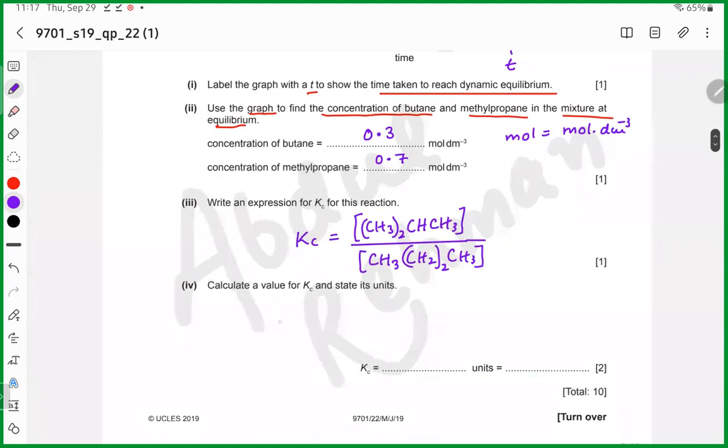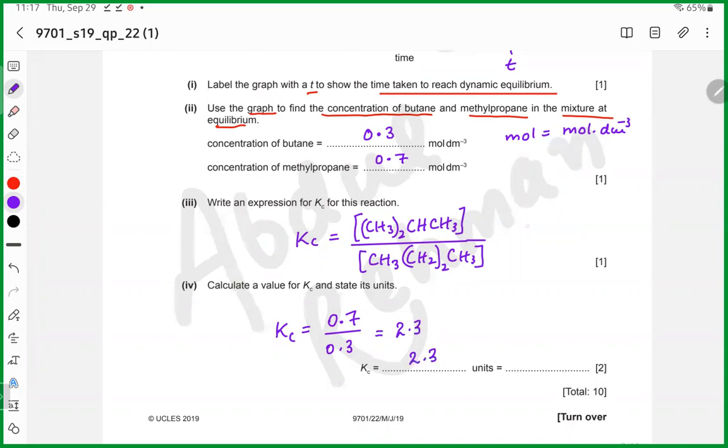Calculate the value of Kc. We know the concentration of both the reactant and product at equilibrium. The product concentration is 0.7 and the concentration of the reactant at equilibrium is 0.3. So we just divide them. What will be the answer if you divide both of these values? 2.3. Okay. What will be the unit over here?